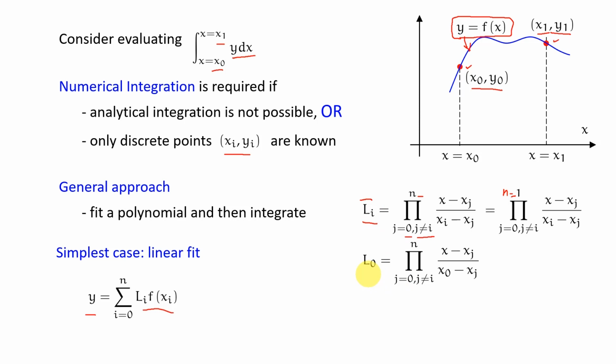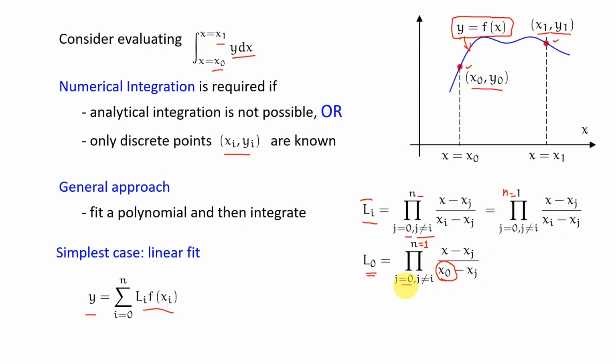If I take, for instance, L0, I write this as the product over j equal to 0 to n, and of course n equal to 1, of x minus xj divided by x0 minus xj. I simply put a 0 in place of i. Now I have to take this product.